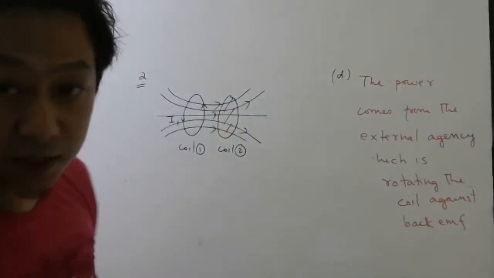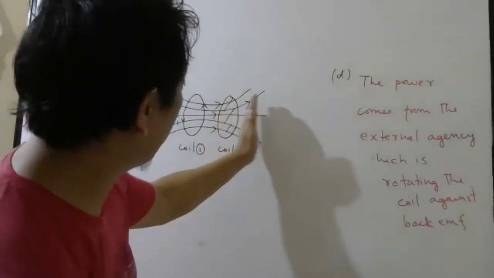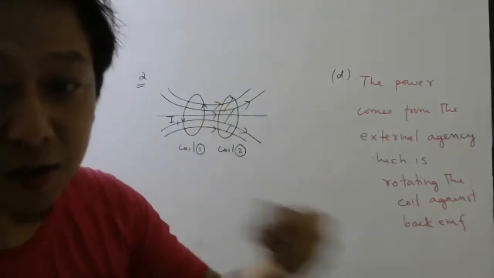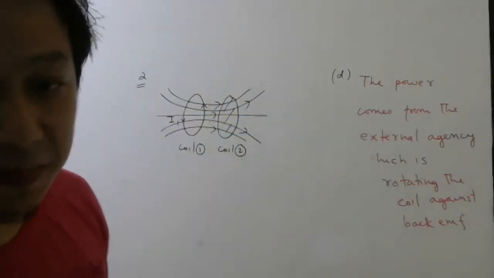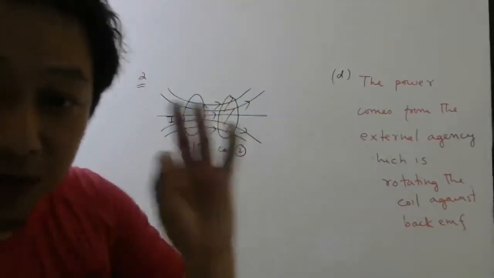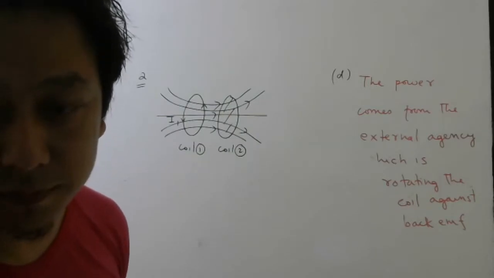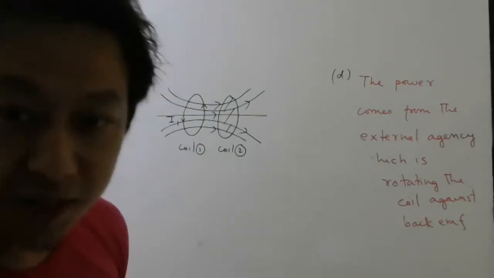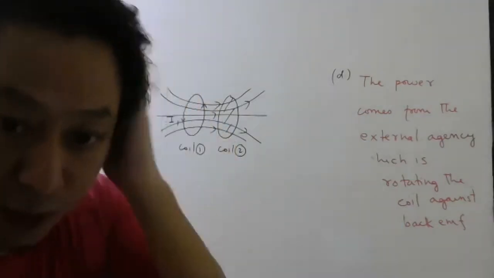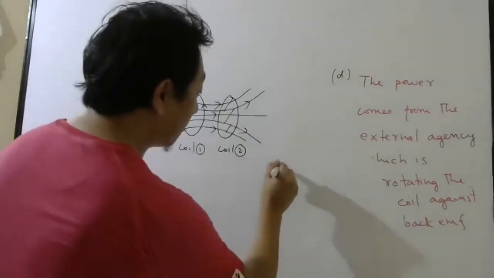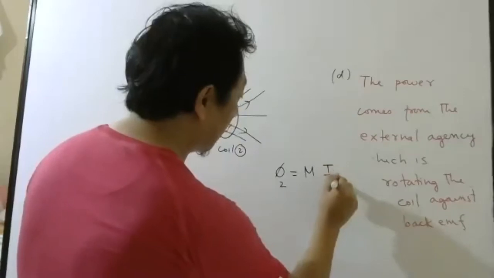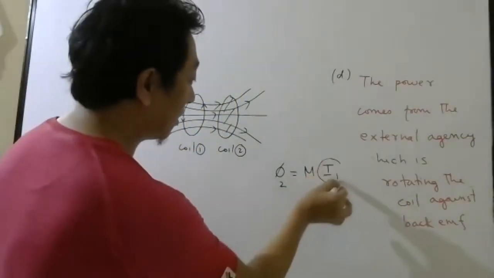Now students, listen carefully. If I move this coil away, will the magnetic flux passing through it decrease or increase? See the lines of magnetic field. If I move this away, the magnetic field lines passing here will decrease. So we know the magnetic flux linked with the second coil is mutual inductance times current in the first coil. The current is fixed.